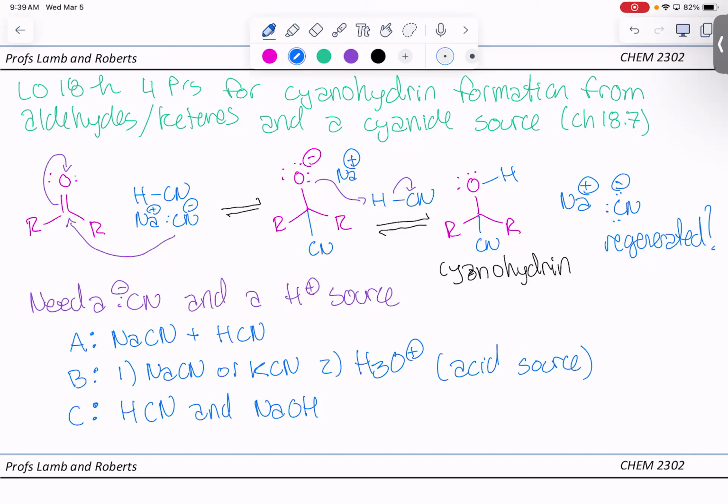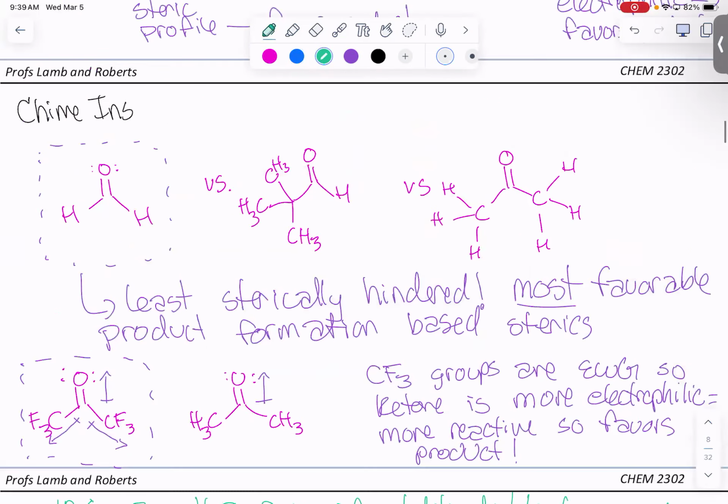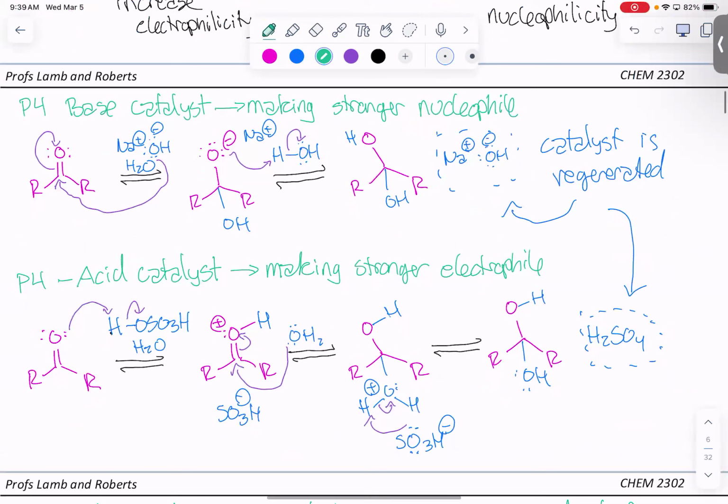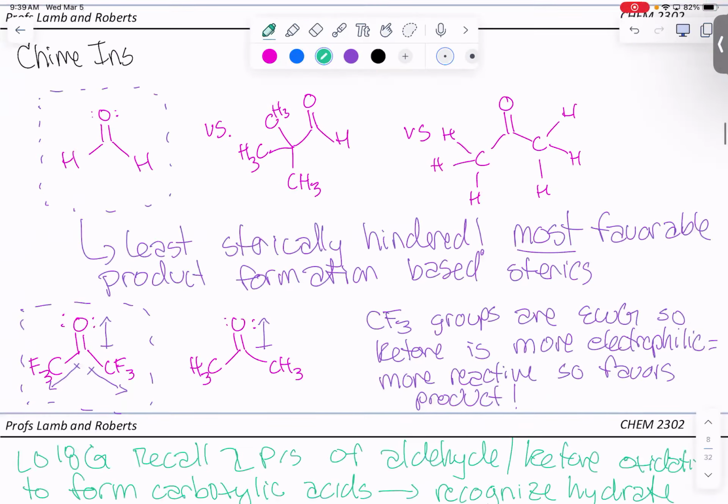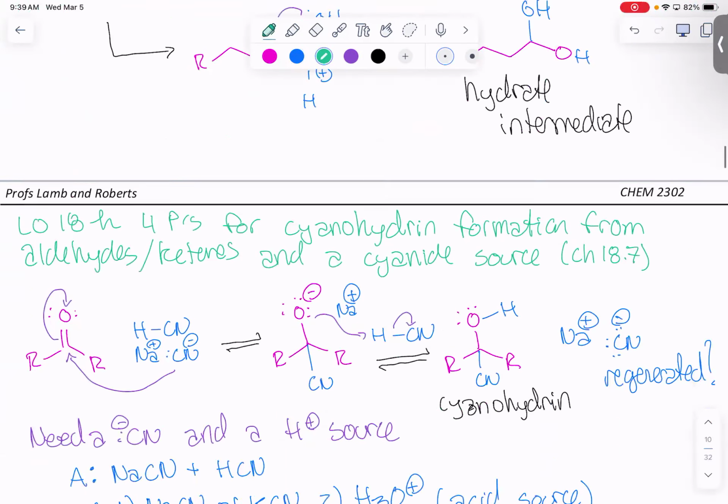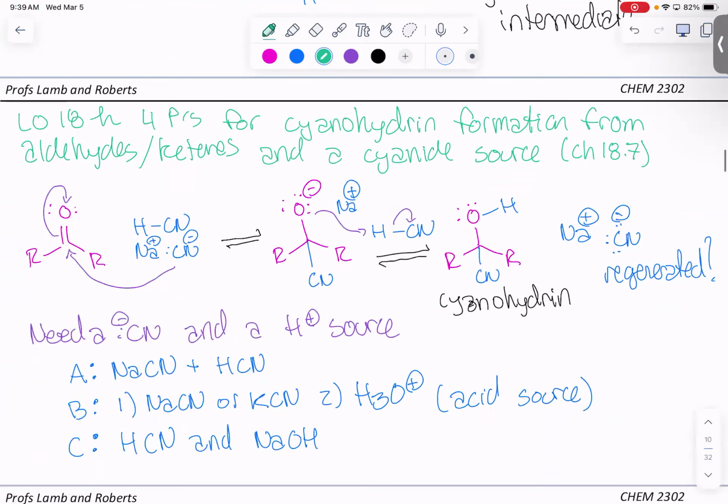All right, let's go ahead. So we've added oxygen as our nucleophile in terms of adding water. We've now added cyanide to form a carbon-carbon bond. At the end of the day, we end up with one alcohol in the product and one other thing.